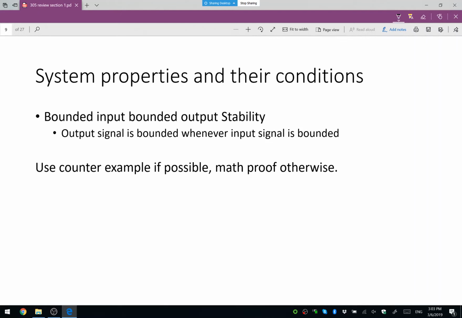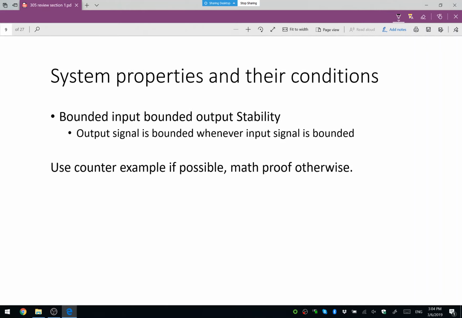The condition is that for whatever bounded input, the output will also be bounded. So to find one counterexample is to find one bounded input that gives this system an unbounded output. This will tell us the system is not BIBO stable.